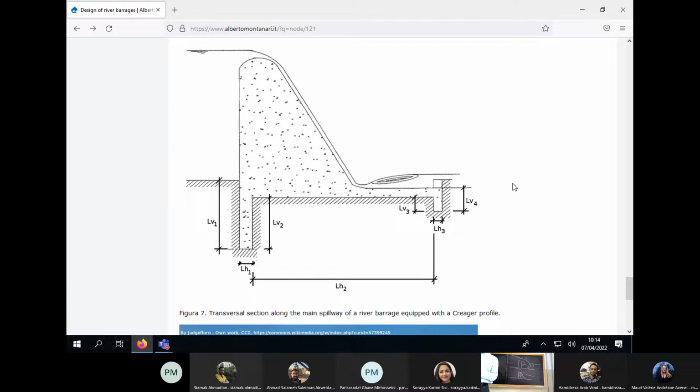So if you see this sketch on the screen, you see with LV1, 2, 3, and 4 the vertical component of the water path, under the assumption that you have cutoffs, like in this case. What are cutoffs? They are the vertical teeth that you see upstream and downstream, which keep the structure anchored at the soil.